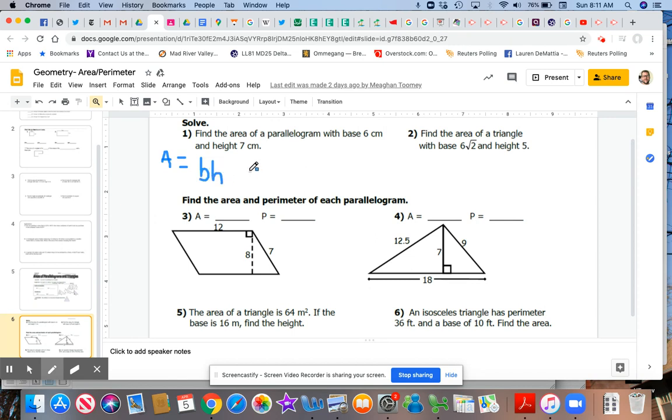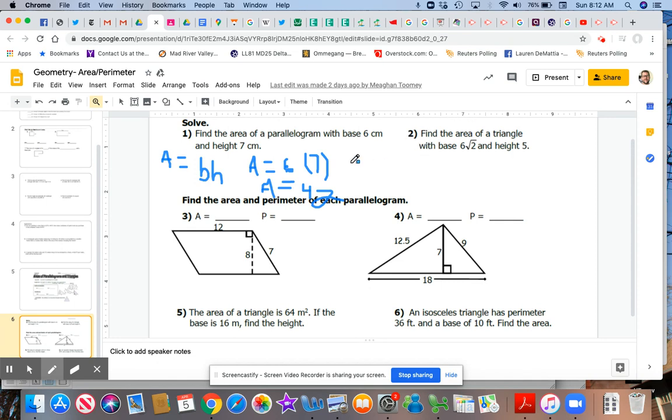So area equals, the base equals 6 and the height equals 7, and then the area equals 42. Just multiply those two together. And again, sorry about the horrible handwriting. You guys are used to it, but it's even worse than normal.